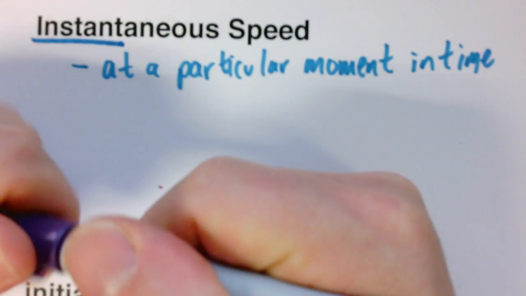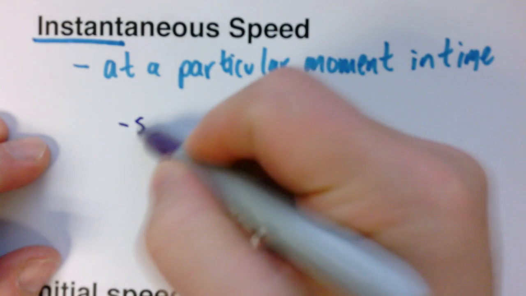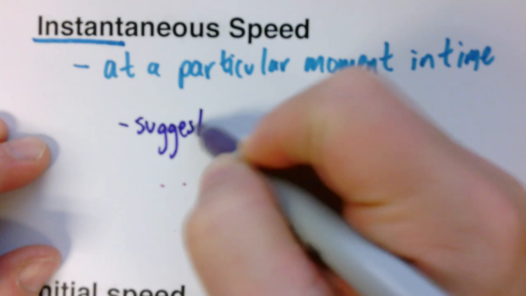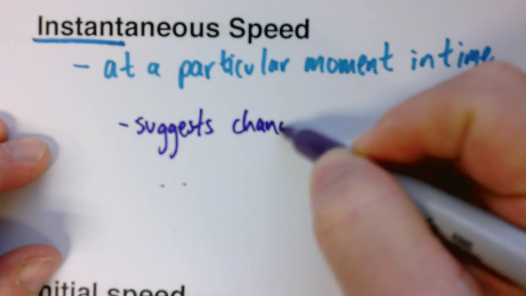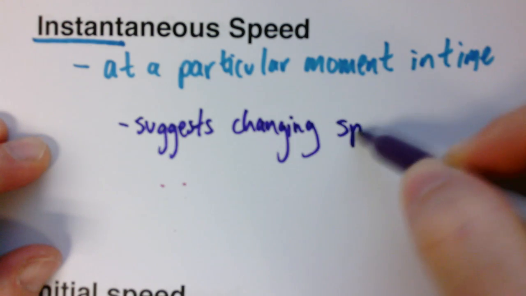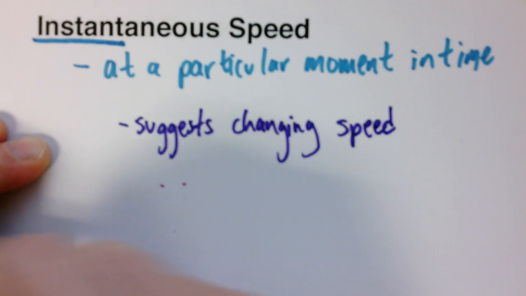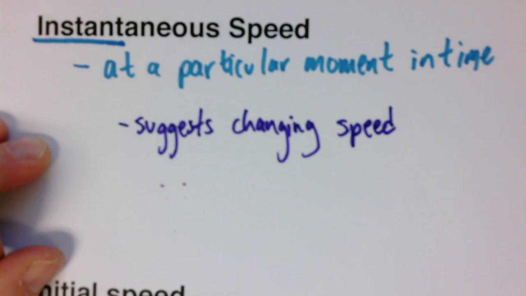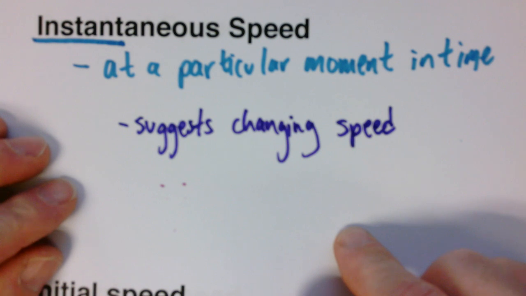Although it's not always true, it suggests change or changing speed. If we are at the toll plaza and we take off with our car, we can see the instantaneous speed changing on the speedometer. However, if we're traveling on the highway, we may be in cruise control, and the instantaneous speed doesn't change at all. It stays at a constant 55 miles per hour that we set the cruise control.